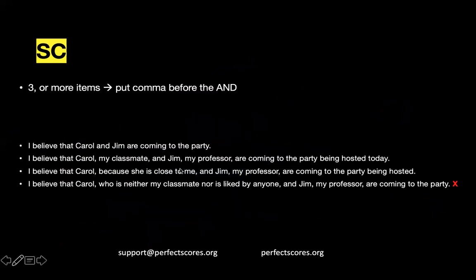So there are a few more rules. The first one is that when you have three or more items, and this is more a punctuation rule, you always have to put a comma before the "and". This doesn't apply to simple words like A, B, and C. It applies when you have more than one word for A, more than one word for B, more than one word for C. So when you have verbs, prepositional phrases, or groups of nouns, you have to put the comma over here.